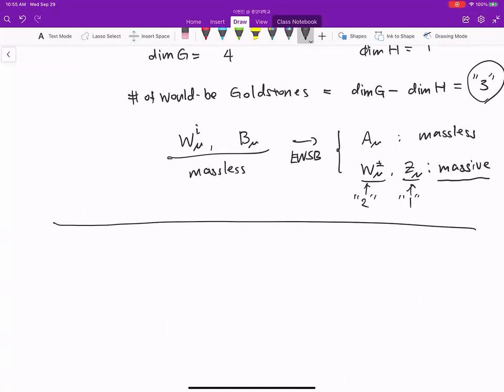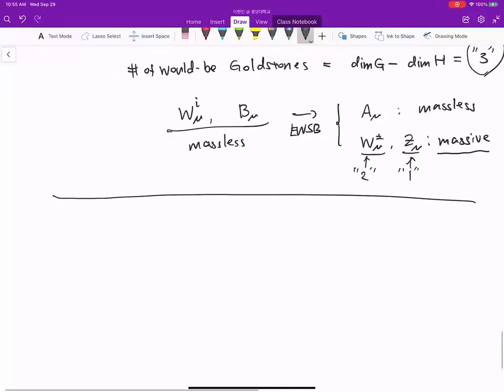From now on, I'm going to discuss the generation of masses and the interaction terms. Of course, the interaction terms, and also neutral current and charged current interactions.